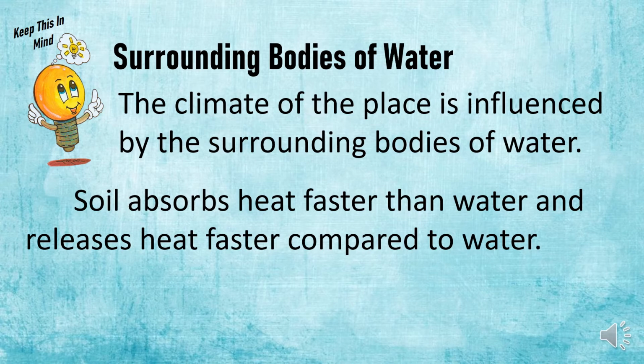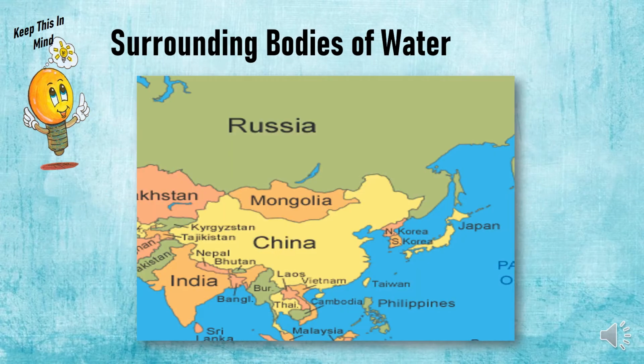The slow absorption and release of heat by the body of water greatly affect the climate. Places that are near the oceans have a moderate climate as the body of water regulates the temperature. Even if both soil and water absorb the same amount of heat, the temperature of water rises more slowly than that of soil.